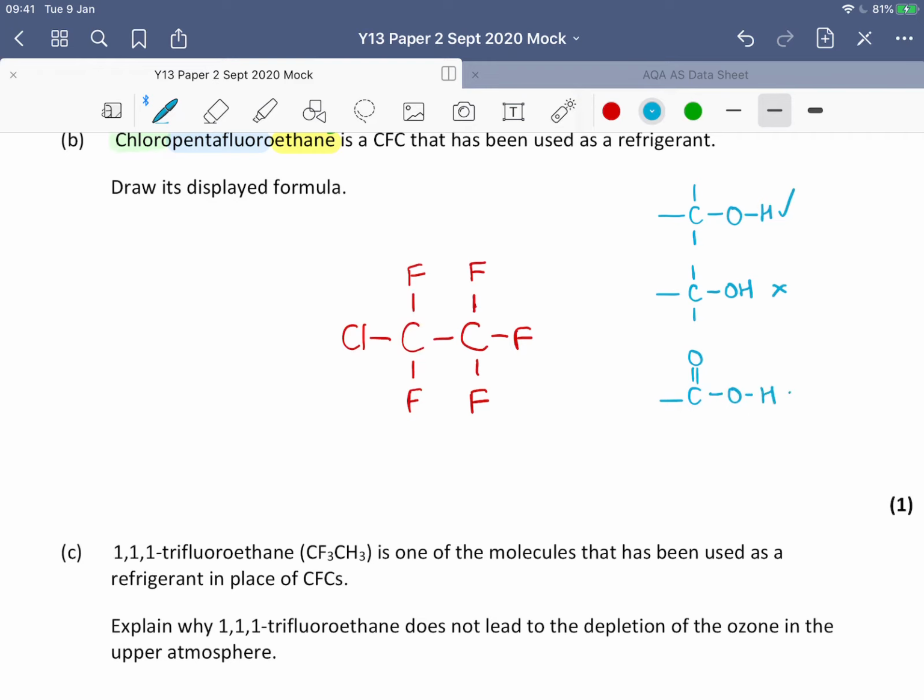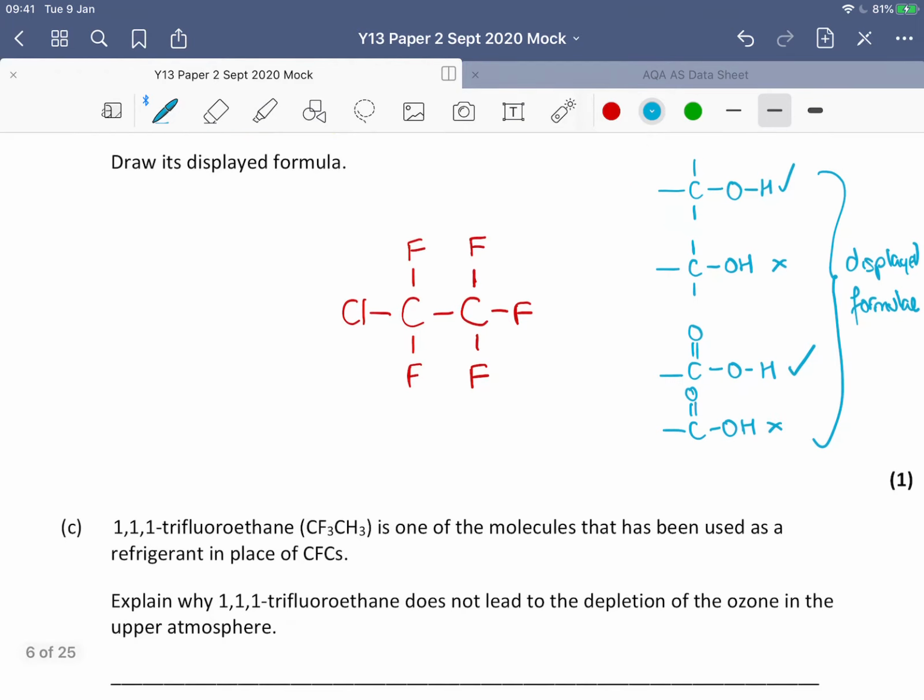This is correct if we were being asked to do a displayed formula of a carboxylic acid, and this is incorrect when we're talking about displayed formulae. Right, so take care.